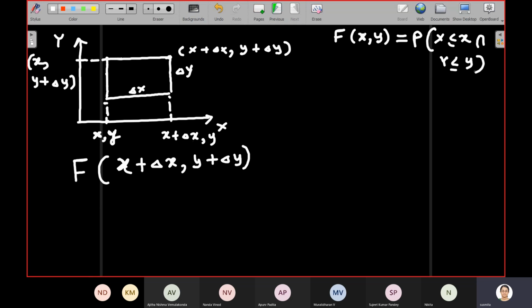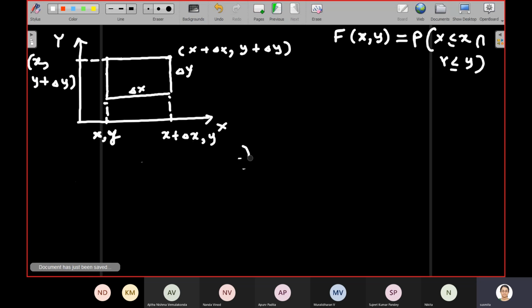Right? So let's first find the expression of this one.